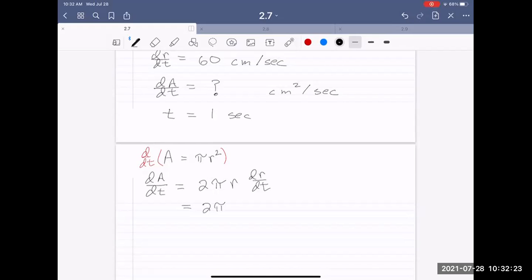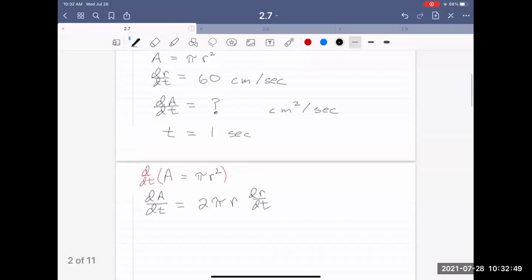We know that the radius, oh, I guess we don't know the radius. We have to figure out the radius. Now you're sort of stuck because you've got to plug in r, and I don't know r. Let me try to figure out what r is. I know dr dt.